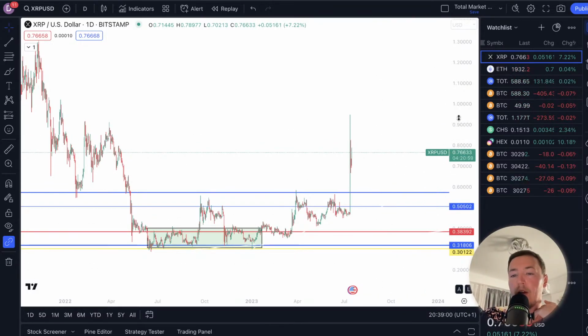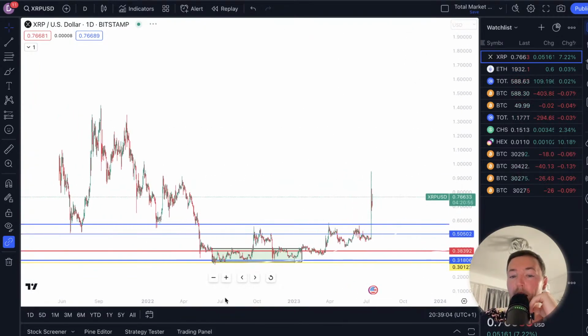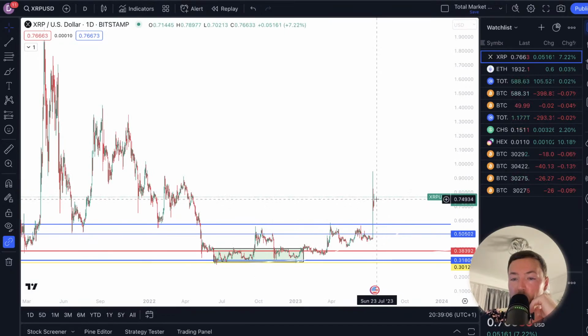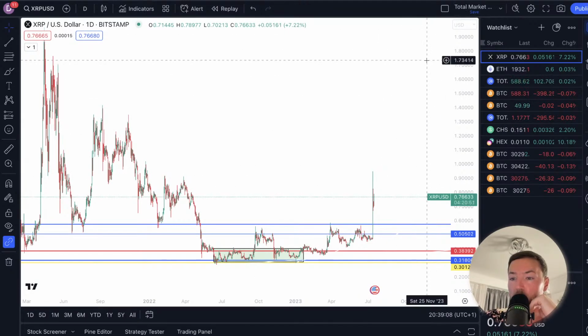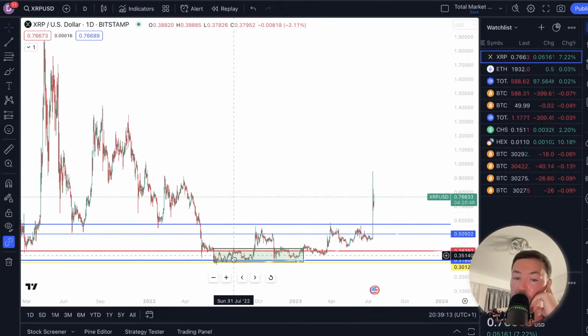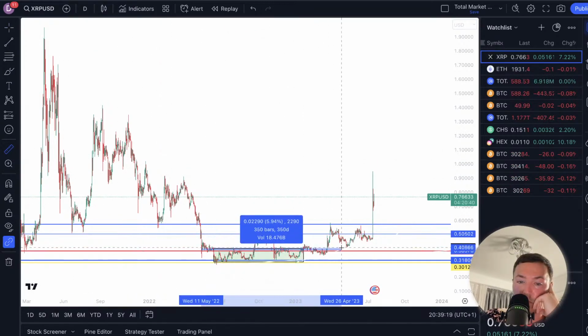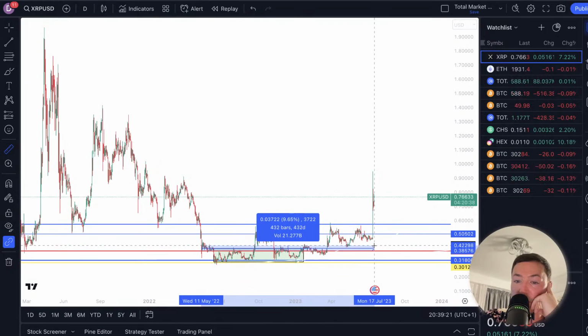It's different for everybody, because the reason I'm not buying XRP now at this price, even though it's going higher in my opinion, is I've had plenty of time to buy. I've had 400 days to buy.